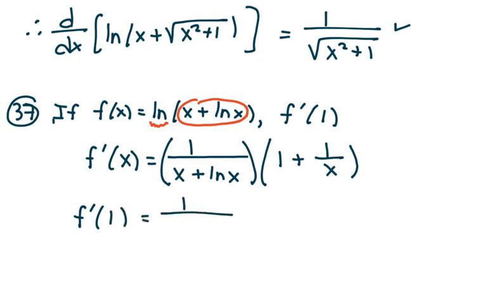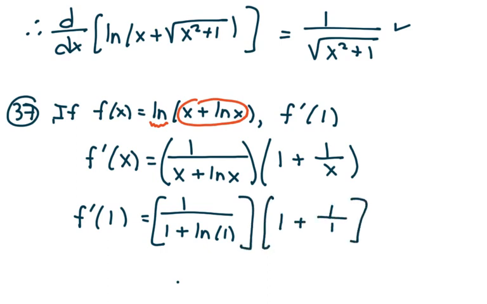And so we get 1 over 1 plus natural log of 1. And we're going to take that and multiply by 1 plus 1 over 1. I'm just replacing x with 1. Natural log of 1 is 0. And so what this tells me is f prime of 1 is equal to 2. That's problem 37.